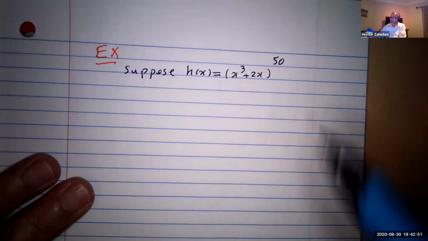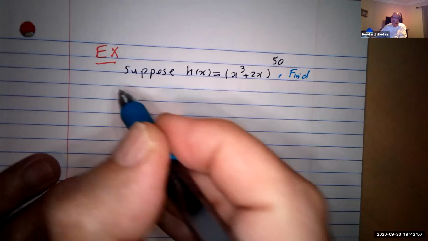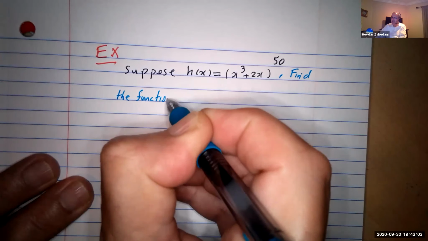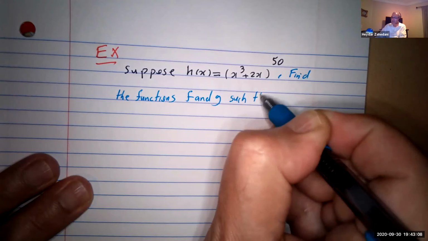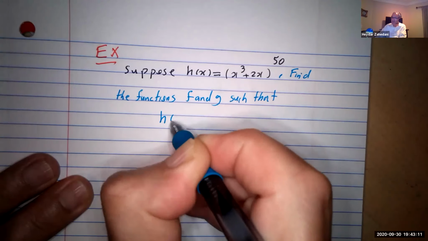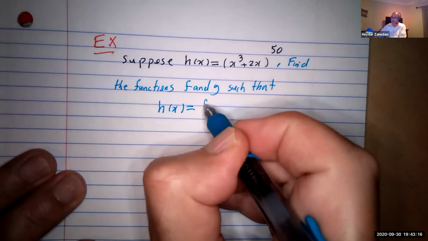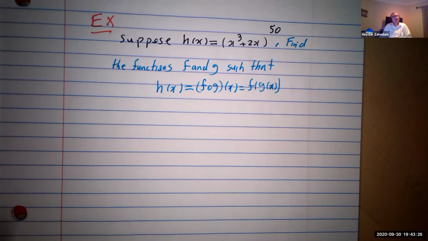So what we would like you to do in calculus is find two functions f and g such that this h of x is a combination of f and g, f of g of x. We want to break it into parts. Give us two functions that, if you compose them together, you get this result.